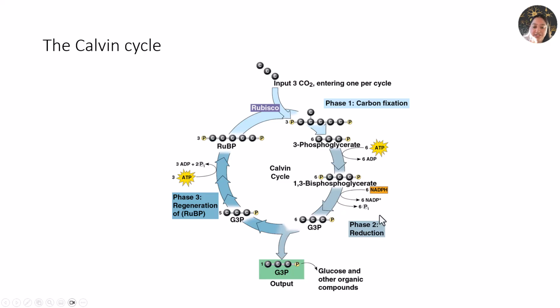And then with the electrons and the reduction, you make G3P. So 1 molecule of G3P gets put out, like spit out basically, to make glucose and other organic compounds. And then the 5 other molecules of G3P get rearranged to remake RuBP so that the next cycle can start.